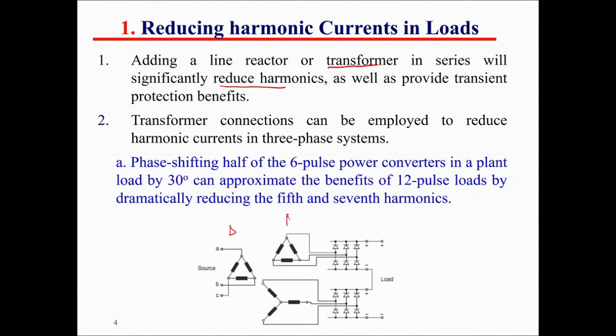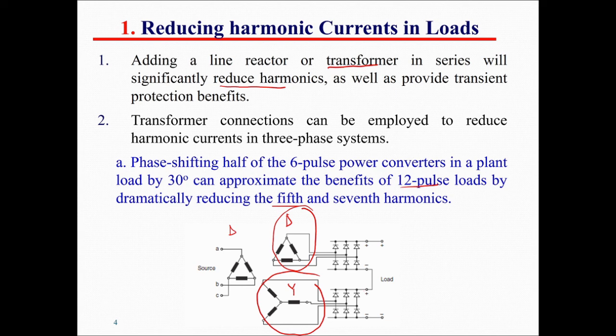One of them is delta, and the second secondary is Y. So by doing such a connection of the transformer, we're going to produce what we call 12 pulse. If we use only one secondary, we're going to have 6 pulse. But since we are utilizing two secondaries, one of them delta and the second one Y, there will be a phase shift. So as a result, we're going to have 12 pulse or 12 diodes connected.